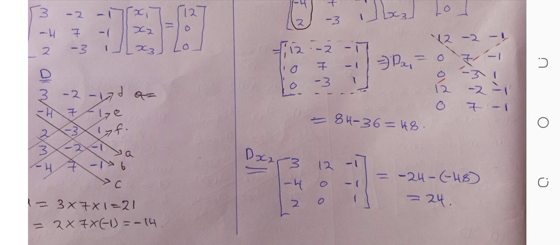Then the other row gives us 0, and then 12 times -3, which is -36. Then we have 0 multiplied by -2, then multiplied by 1. So it was +36 because it is 12 times -3 times -1. That is why we have 84 minus 36, which gives this 48.